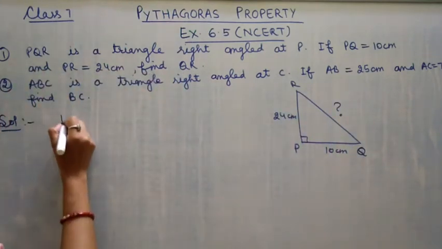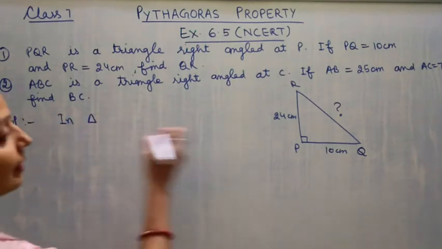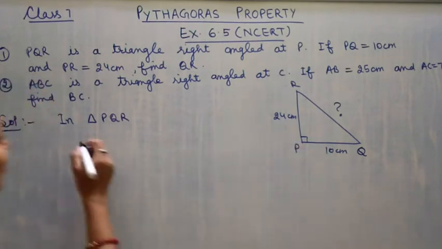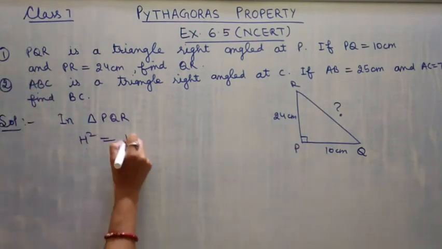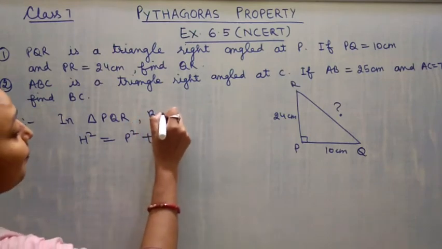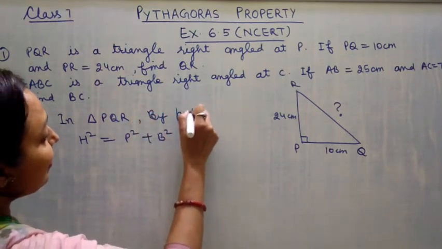So in triangle PQR, the hypotenuse is QR. By the Pythagoras property, hypotenuse square is equal to perpendicular square plus base square.